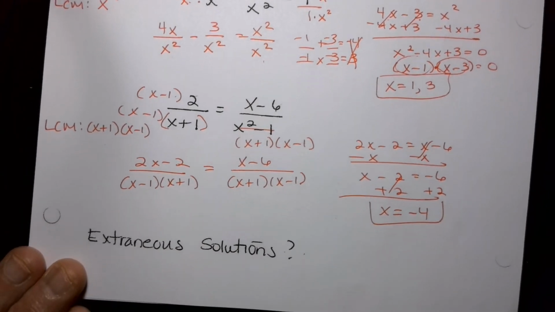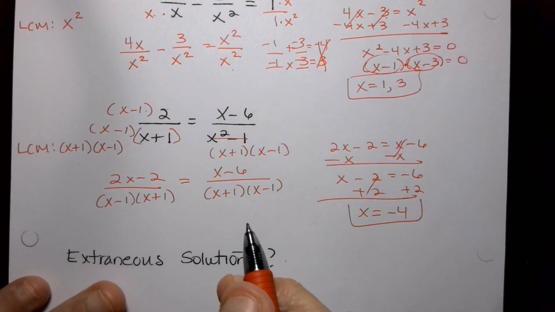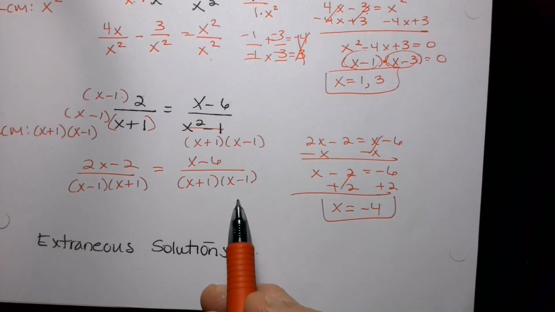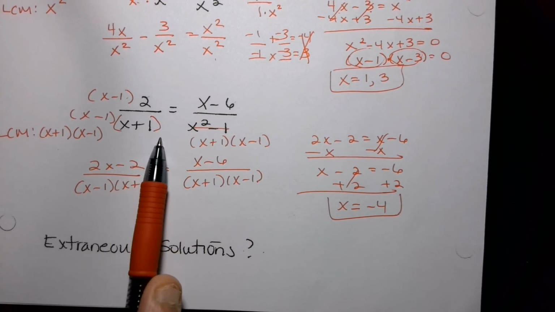Feel free to listen to them again if I'm going a little too fast. Just telling you what an extraneous solution is. An extraneous solution is when the bottoms are 0, because of course you guys know that's undefined. So an extraneous solution, for example, would be -1.